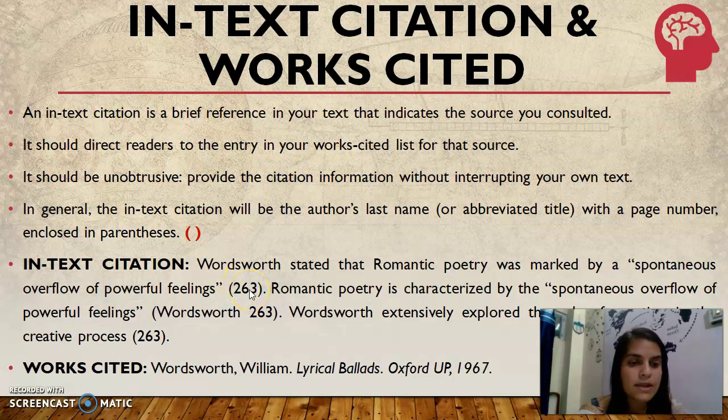So how are we going to cite it? We have just written in brackets, which we call parentheses. So we have written 263, that is the page number, in the parentheses. And when we use the same source again, firstly we write Wordsworth's 263, but if we are going to repeat it, then we can only use 263.